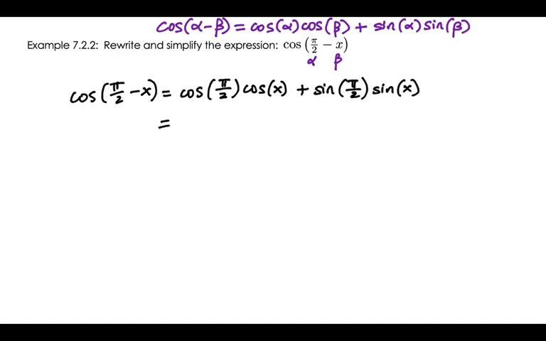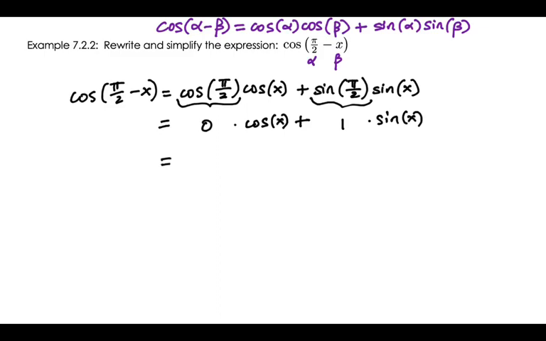Not all of these are actual angles on the unit circle. I can find cosine pi over 2 and sine pi over 2 on my unit circle. Okay, go up to the top of our unit circle. Cosine is the x coordinate, 0. Sine is the y coordinate, 1. But cosine x is just a variable, so there's not really anything I can do with that, or with sine x. So I'm just evaluating the parts of that formula that I can.